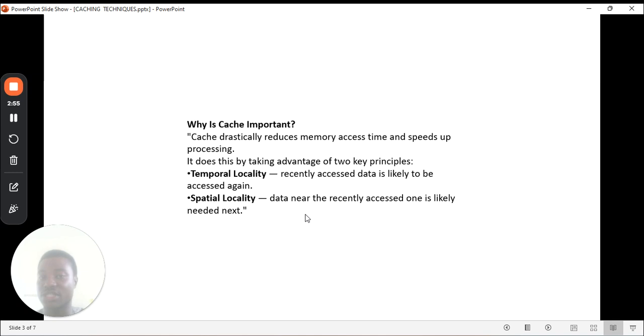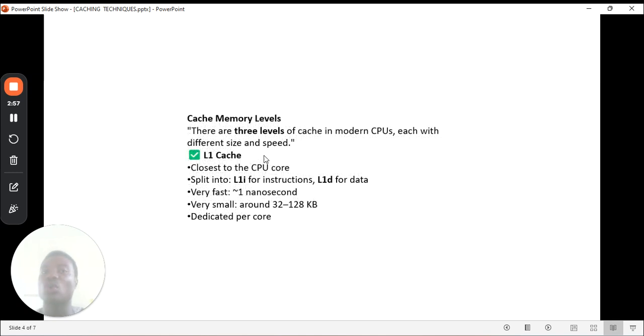And cache memory has its own levels. There are three levels of cache memory in a modern CPU: the first level, the second level, and the third level. As for the first level, it is closest to the CPU core. It's split into level 1I for instructions and level 1D for data.